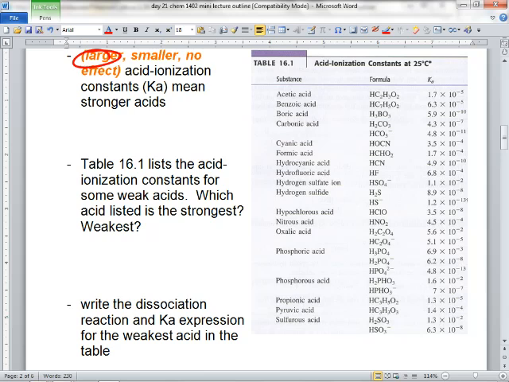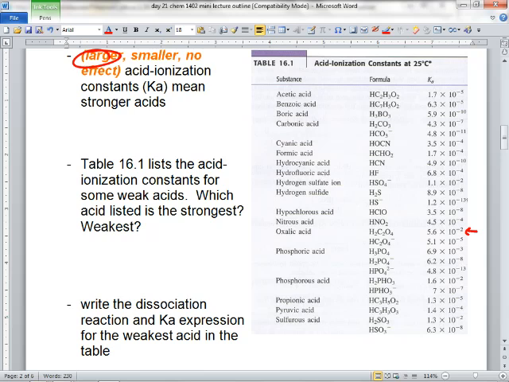So we're going to find the Ka that's the biggest number in there. Anyone, what do you see? Several people are saying oxalic, so let's just put a mark by it. So what they're saying is that you can't find a number bigger than that. Can you find a number bigger than that? Times 10 negative 2, but that's not bigger than 5 point something. All right? That's the biggest one in there. So that's not a strong acid, but it's the strongest of the weak acids in the table.